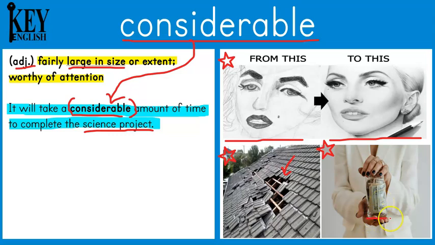So it was not just a little bit of money, it was a very large or important amount of money. So when we use this word considerable, since it's an adjective that's describing something, we often have to use it with another word afterwards, such as amount or progress or damage.